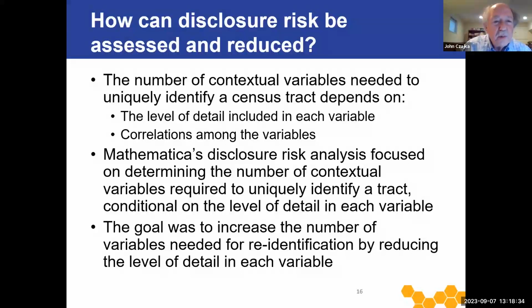And this would serve two purposes. One, it would allow us to include more contextual variables. And two, given the physical limitations imposed by the virtual data enclave, it would make it more difficult for a user with nefarious purposes to pull together enough information to begin to re-identify FACES centers.